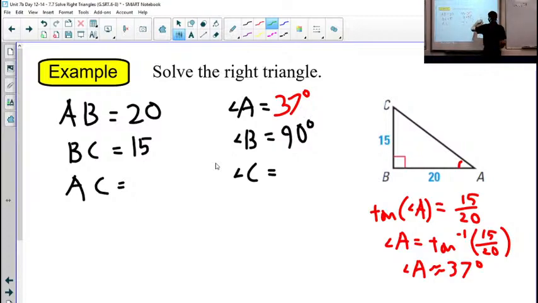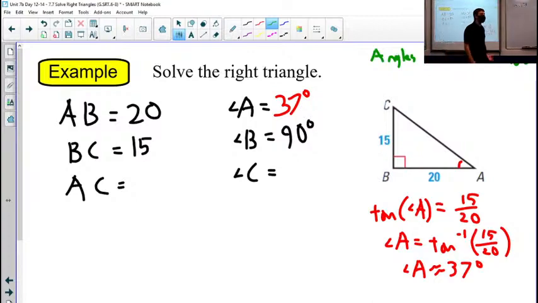In a triangle, we have talked about this for the last couple of chapters, the angles in a triangle add to 180 degrees. That's not just a right triangle thing, that's any triangle thing.